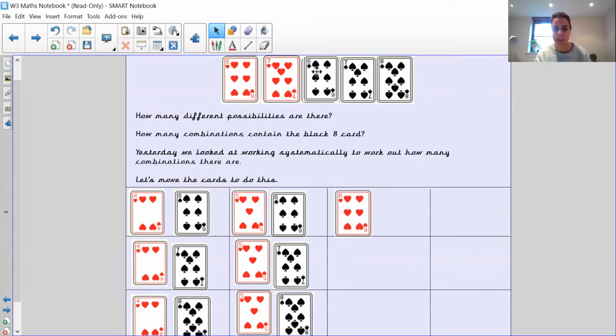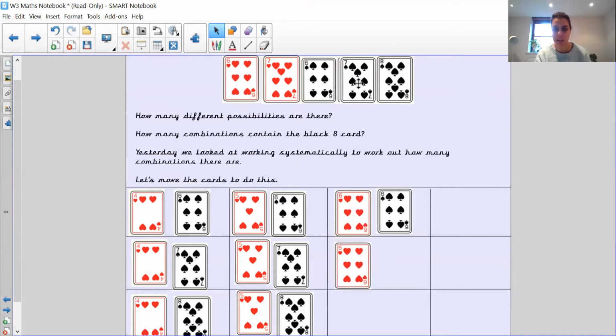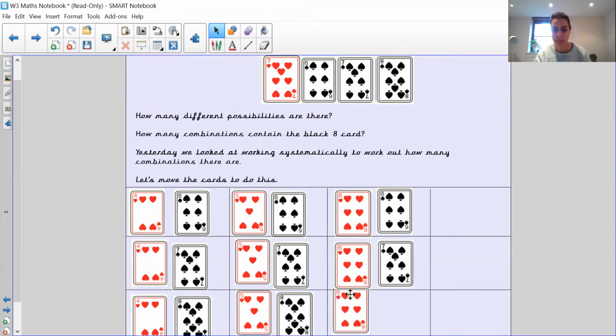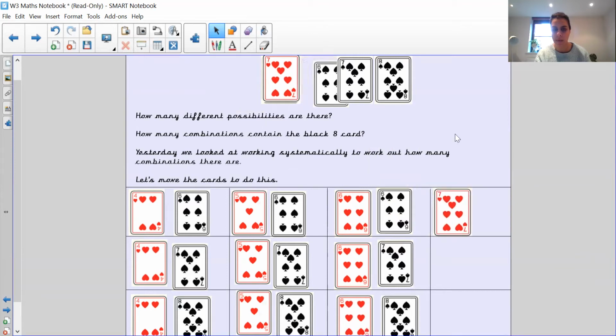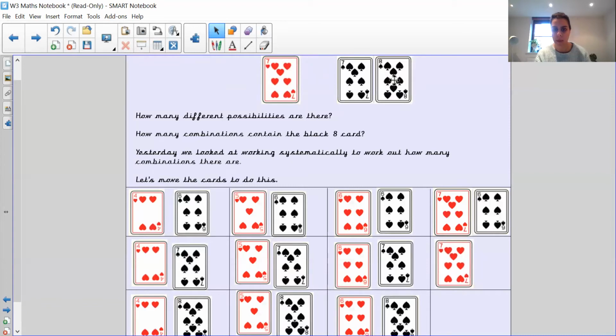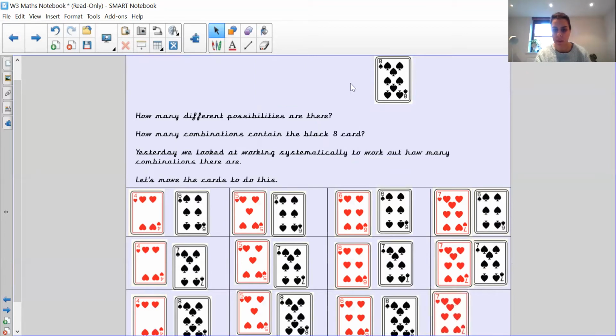Red 6, black 6, red 6, black 7, red 6, black 8. And then my last one is a red 7, black 6, red 7, black 7, and a red 7, black 8. So I've done that systematically.